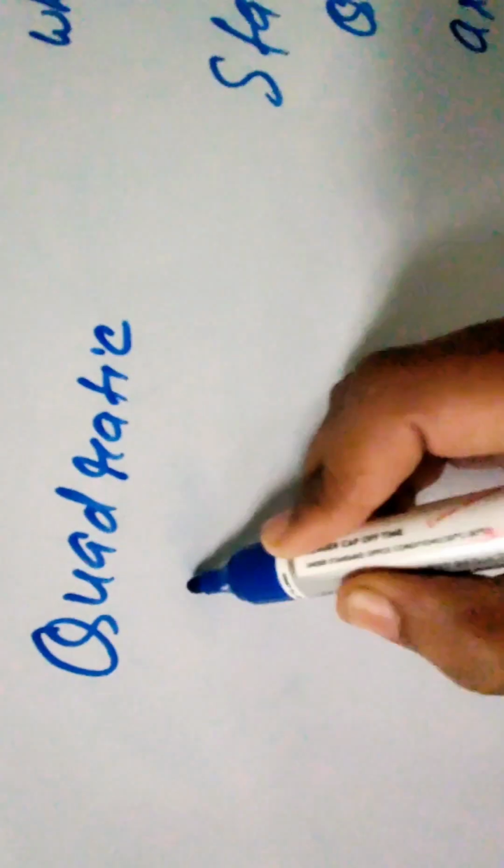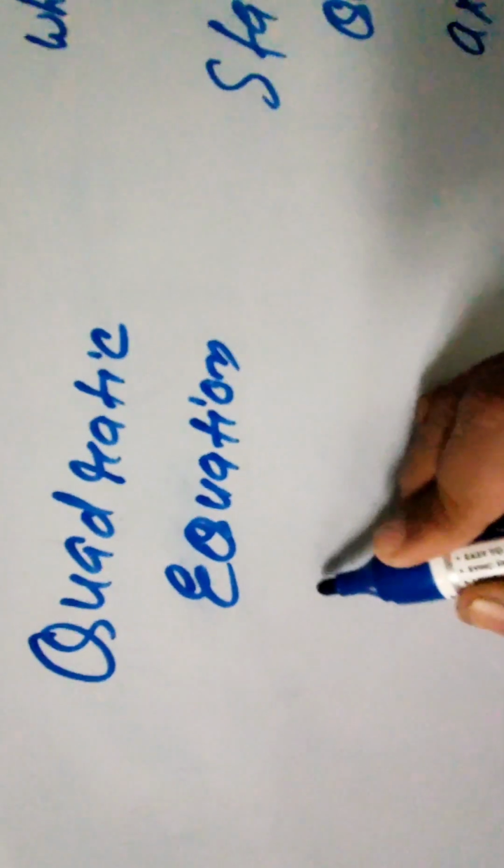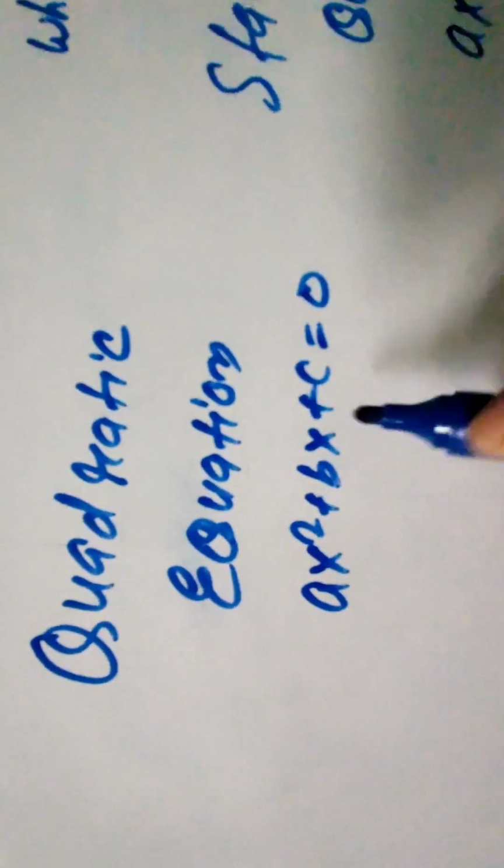Okay, then the second topic is what is the difference between a quadratic equation and a quadratic expression. Quadratic equation: ax square plus bx plus c equals 0.